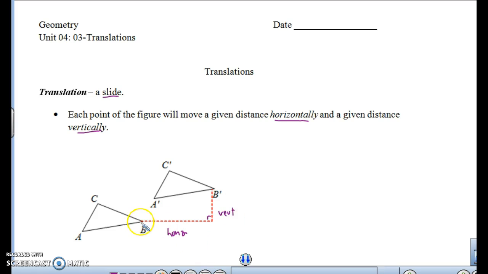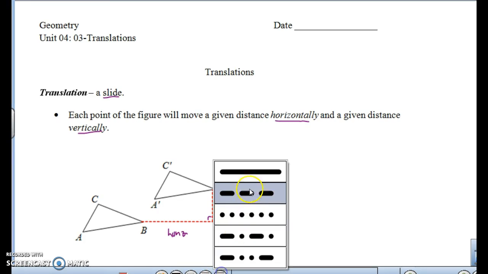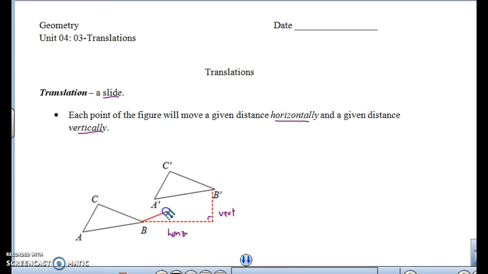So, to go from B to B prime, I have created what's called a vector. A vector is a description of going a horizontal and vertical distance. So your vector here is from B to B prime. The vector is the distance and direction moved.